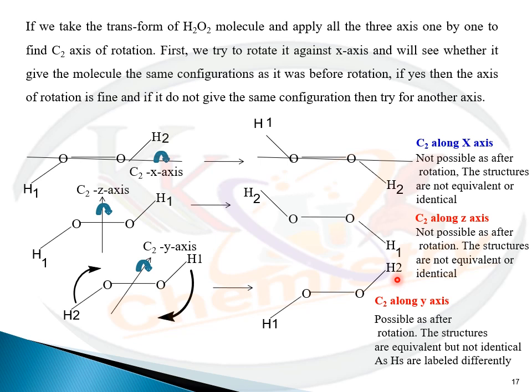The numbering is just given to simplify the operation, or just to show you that the operation has been performed. So this molecule possesses a C2 operation along the y-axis.